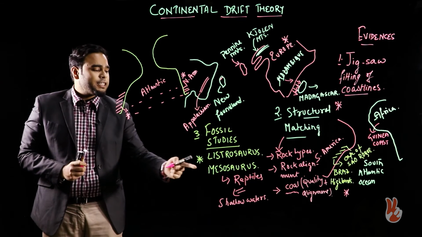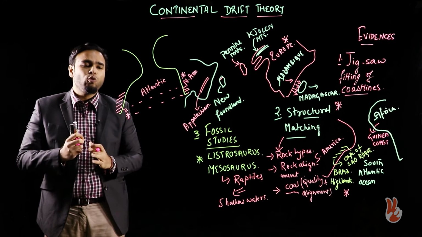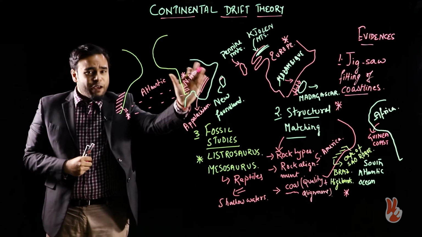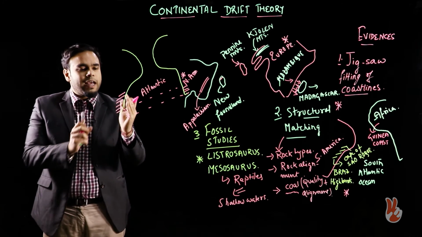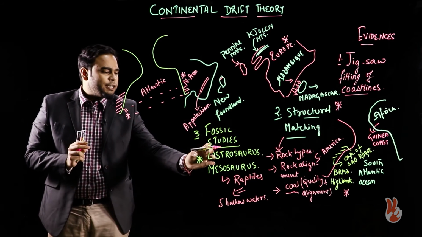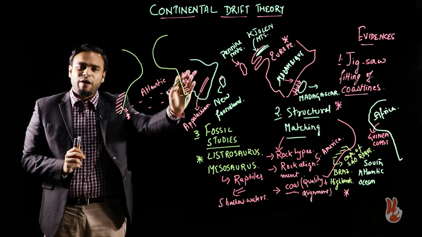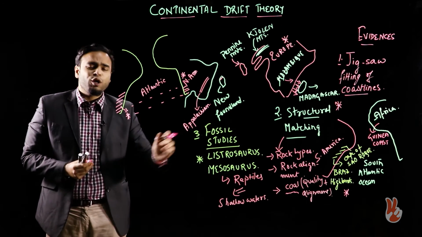Fine. Since these reptiles cannot travel the distance of the Atlantic, it meant that Africa and South America were once part of the same continent. As it broke off, Lystrosaurus and Mesosaurus are found both in South America as well as Africa. Fine. So this was the evidence that was given in terms of fossil studies.